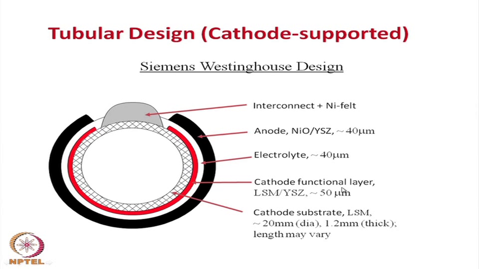Well, we will come to that later on, because in between the electrolyte and the cathode one gives another very thin layer of a different material, which is advantageous from the point of view of drawing larger currents or higher current density.